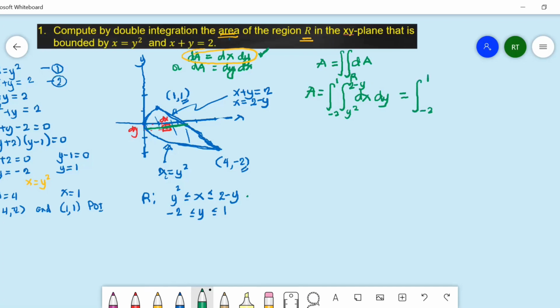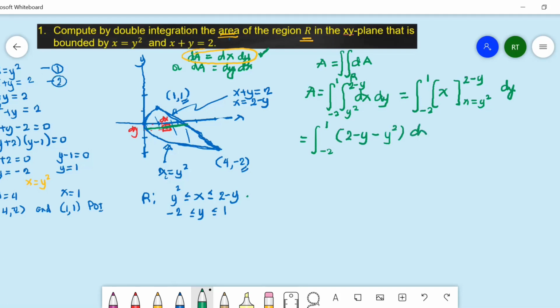The integral of the differential of x is x, and we have to evaluate this from x equals y squared to x equals 2 minus y, from left to right. Then multiply this by the differential of y. Hence, the area is equal to the integral from -2 to 1. Evaluating x at the upper limit gives us 2 minus y minus the value of x at the lower limit, which is y squared.